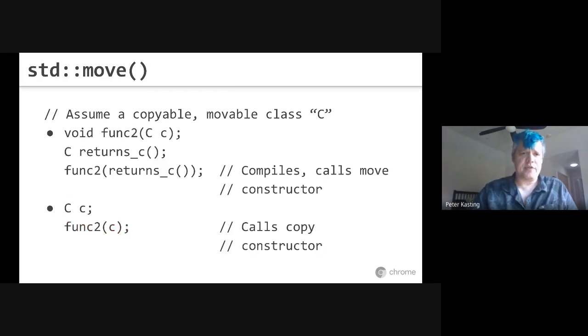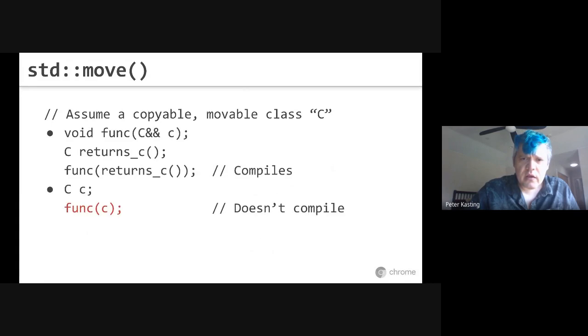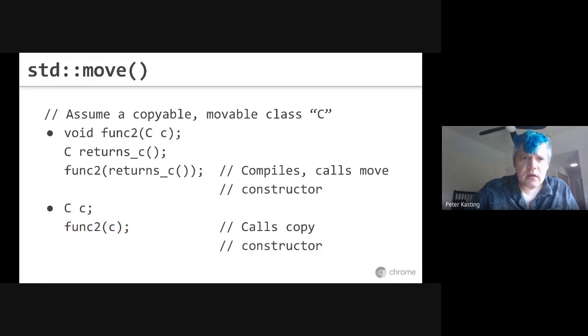So how do we make this compile? Well, one way we can make it compile is we can change the function to take a parameter by value instead of by rvalue reference. So now, if we pass in an rvalue, then we will call the move constructor, because that's what preferentially gets bound here.